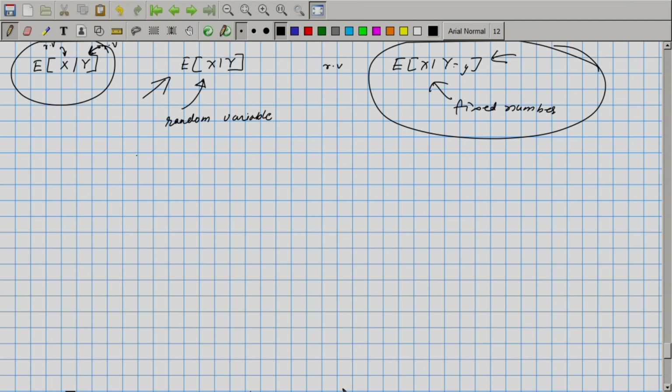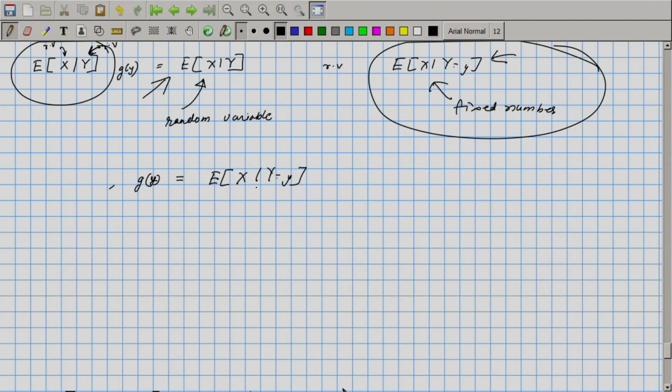Let us view this as a function g of small y. So, g of y has value equal to expectation of X given Y equals y. As the value of the random variable changes, the conditional expectation takes different values.